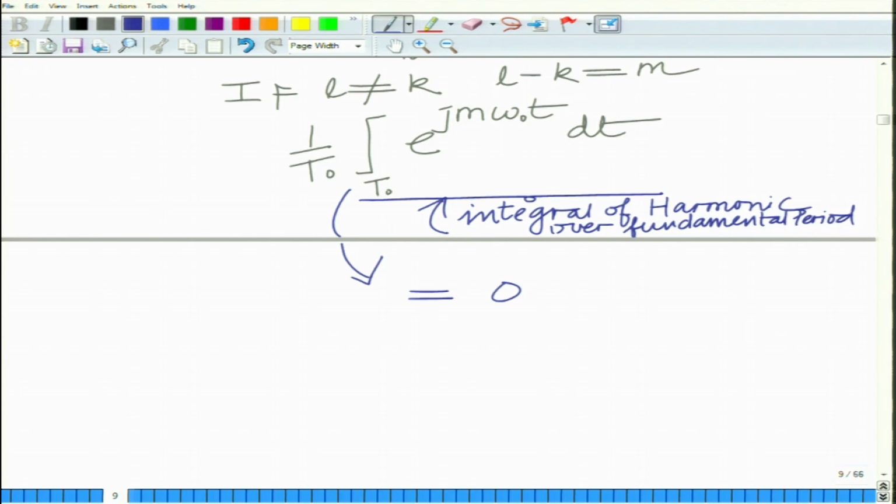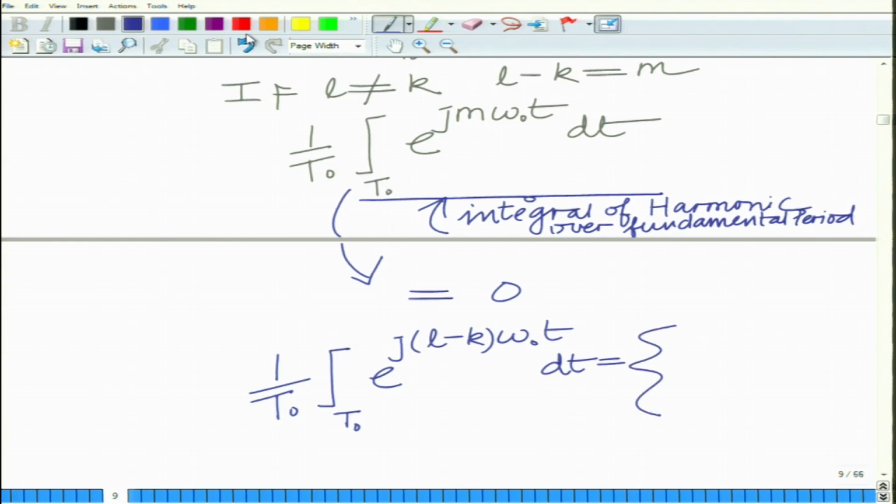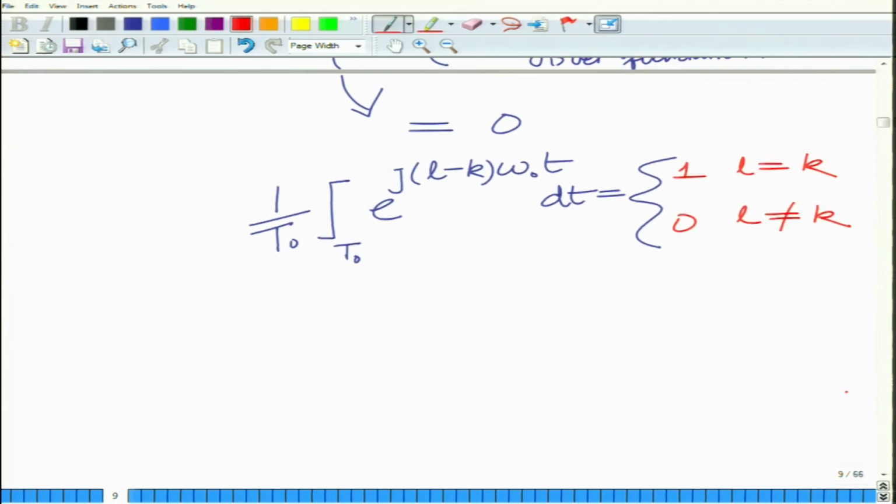As a result, what you will have is that this integral, 1 over T naught over duration T naught of e raised to j (L minus k) omega naught t dt, is equal to 1 if L equals k, and 0 if L is not equal to k.